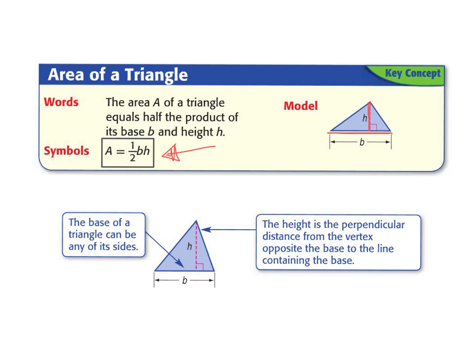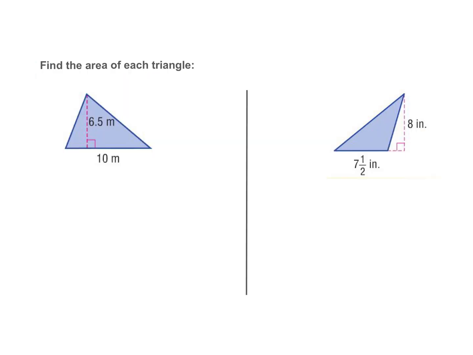Okay? So again, the base of a triangle can be any of its sides, but the height is the perpendicular distance from the vertex opposite the base to the line containing the base, which again is the line that is perpendicular to the base and makes a right angle. So let's find the area of these triangles.